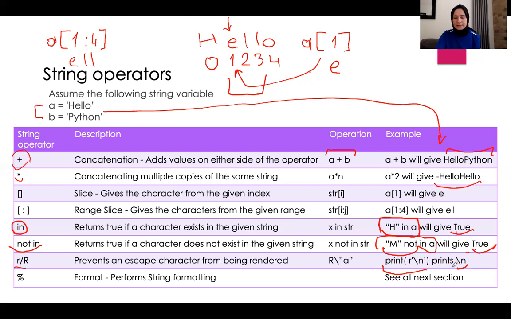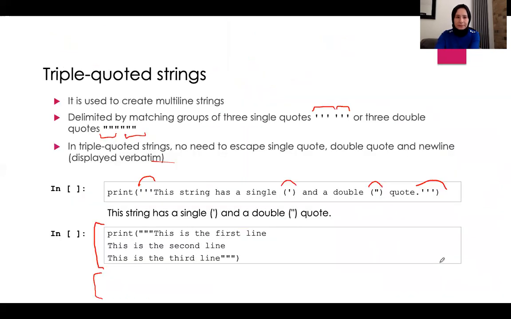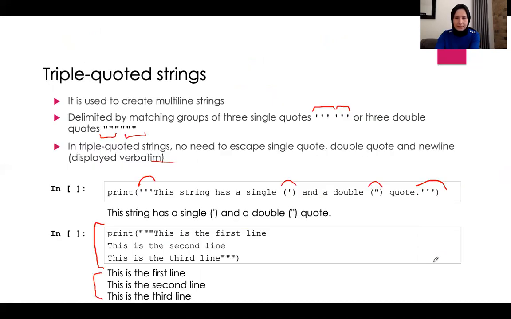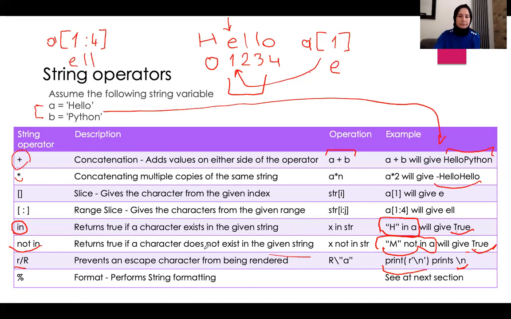I think this does the same stuff that we have learned in the previous section here. This is the same way of disabling this special character. And finally, we have format, and format performs string formatting. We will learn more about the format operator later on.